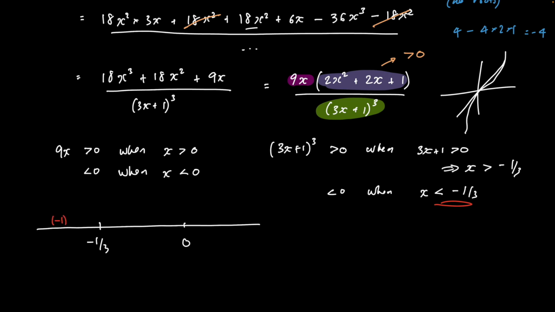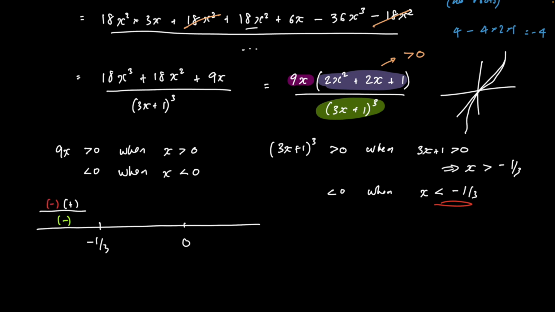So what we're going to do is we're just going to form that overall expression. We know this quadratic piece is always positive, and no, sorry, I should have made that green. So the 3x plus 1 piece is going to be negative, and then the 9x piece is also going to be negative.